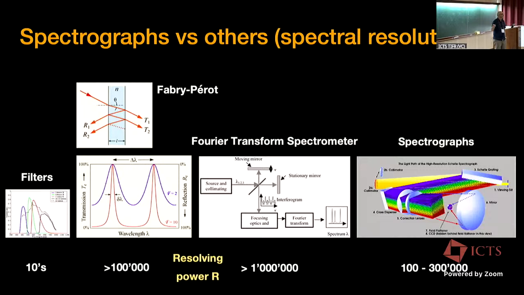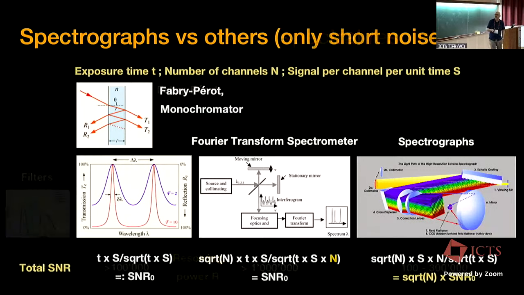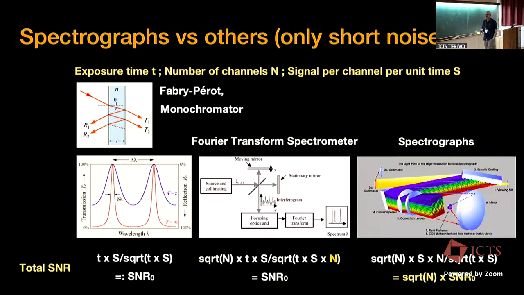So why did we end up with spectrographs to measure radial velocity? That's because of this. Have you heard about the Fellgett advantage? Somebody has heard about that? That's the reason why, if you have only one single detector, and it's noisy, then you would go for a Fourier transform spectrometer.